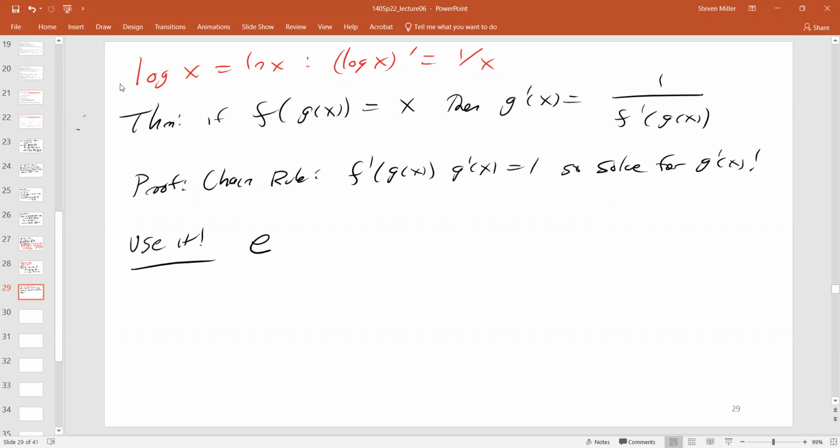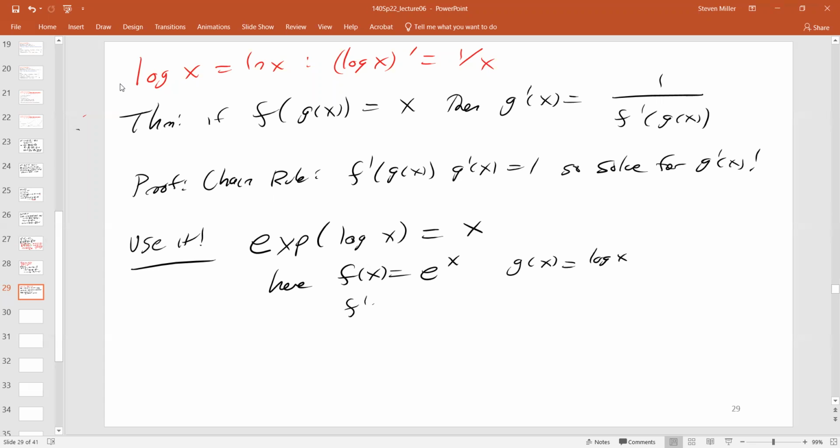Let's take the exponential of the natural log of x. That equals x. So here, f of x is e to the x, g of x is the natural log of x, f prime of x, oh, we just showed that's e to the x, f prime evaluated at g of x is e to the natural log of x.